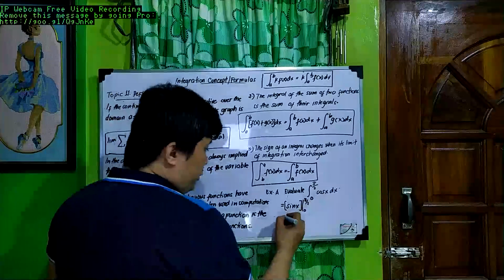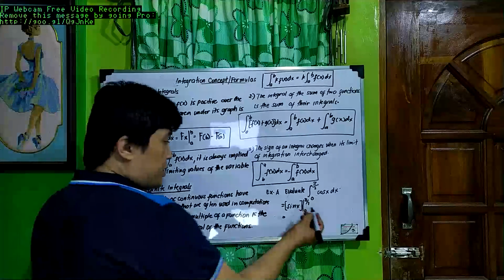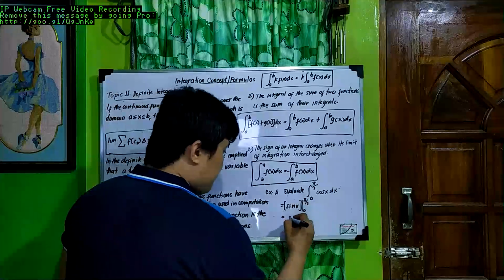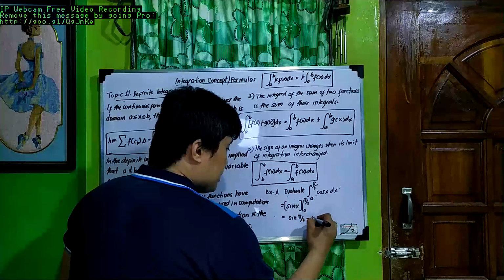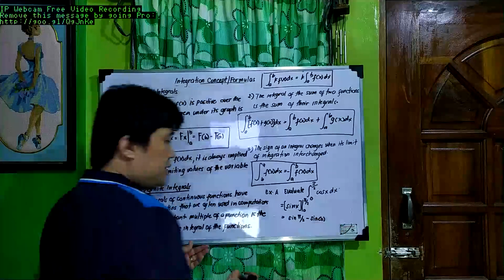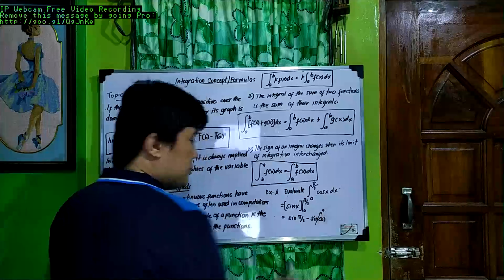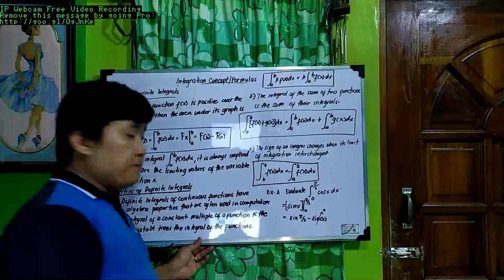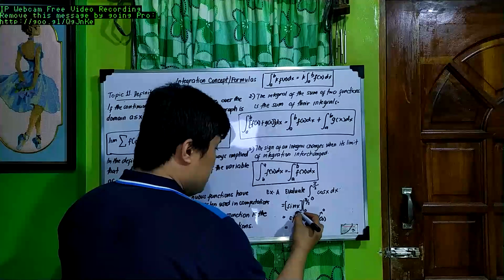As I've told you, when you substitute your limits, you should start with your upper limit. So you have sine pi over 2 minus the lower limit, sine 0. We know that sine 0 is equivalent to 0, and sine pi over 2 is equivalent to 1.